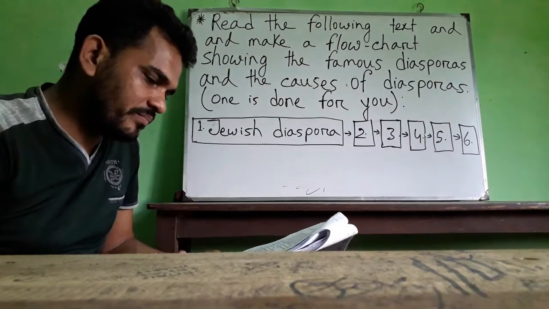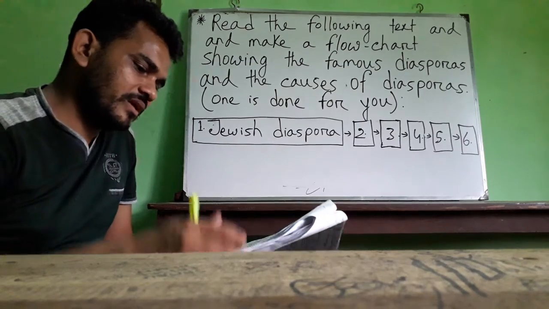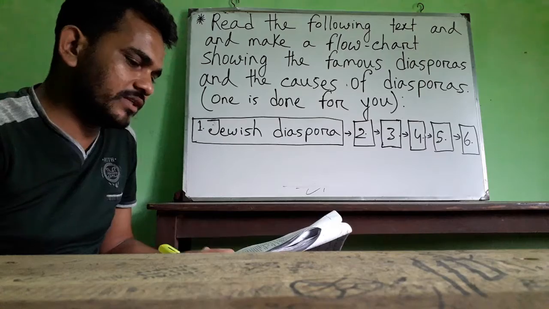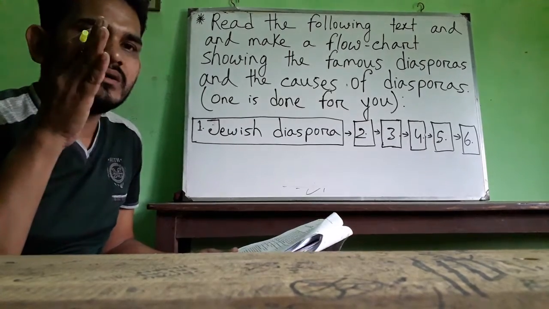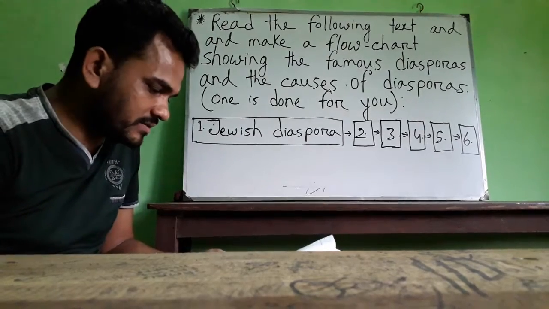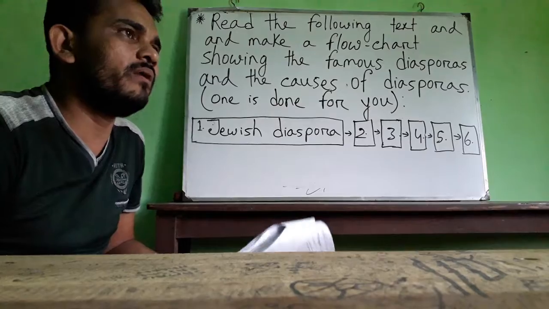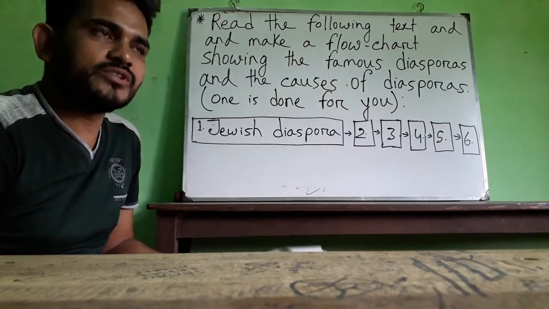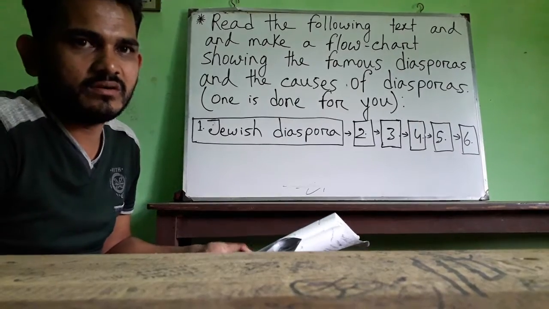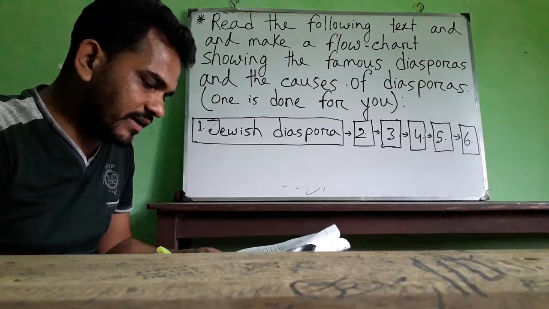Okay, first here a name came before us. In history, the great diasporas are the Jewish people, and the Jewish people were forced to leave their own countries in ancient times.